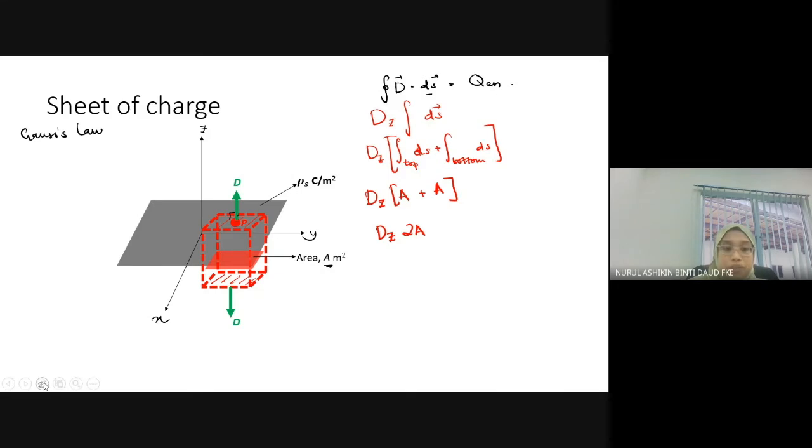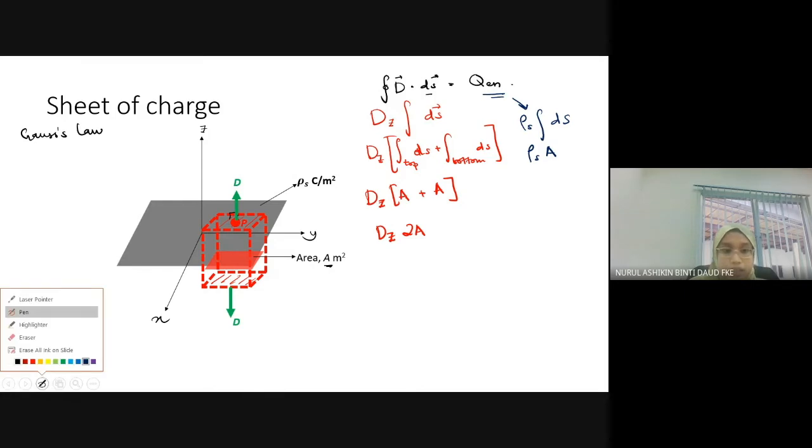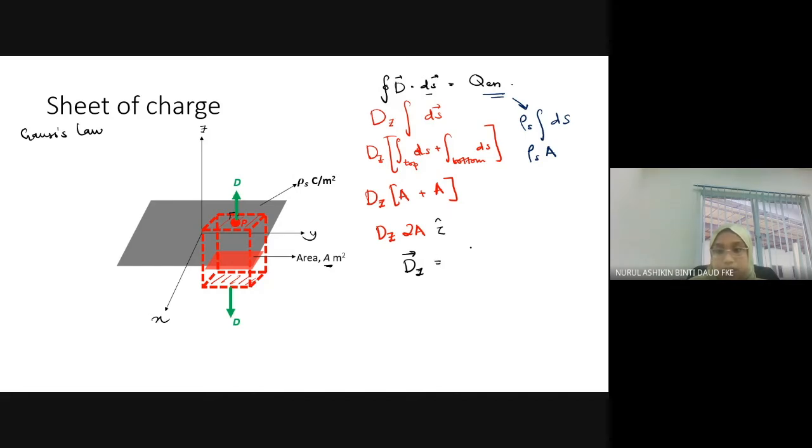How about the right hand side? For the right hand side, the Q contained inside this Gaussian profile will be rho S, so at this particular surface, dS, and this will give you rho S A. Since we need to determine D in the Z direction, it will be rho S A over 2A in the Z direction.